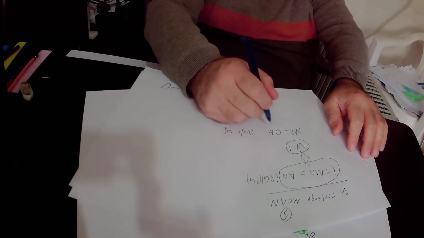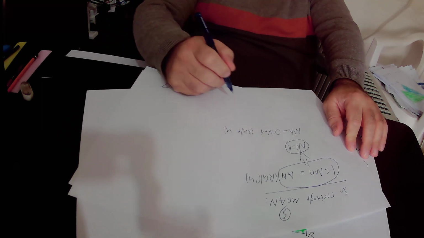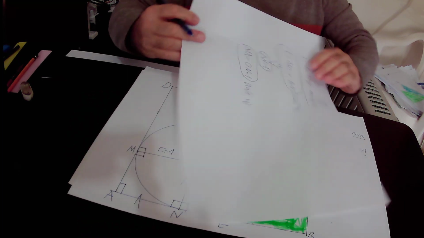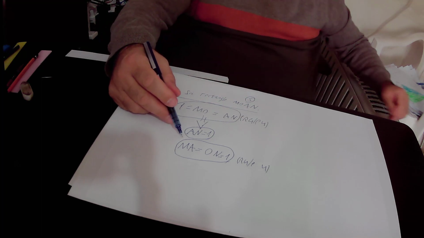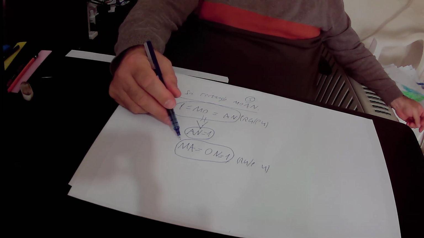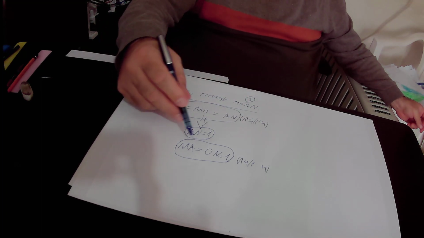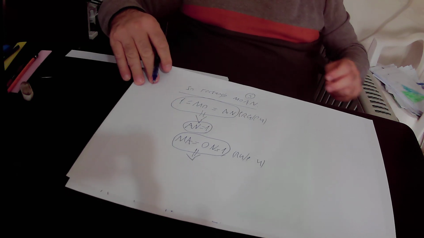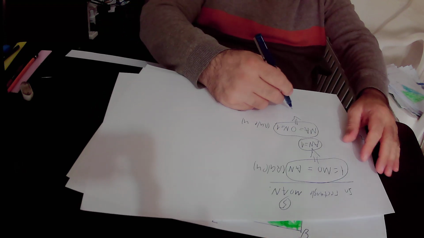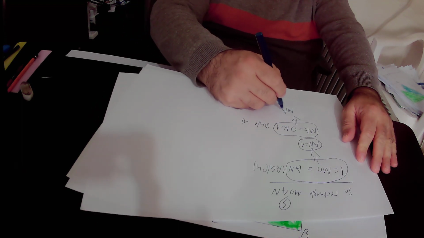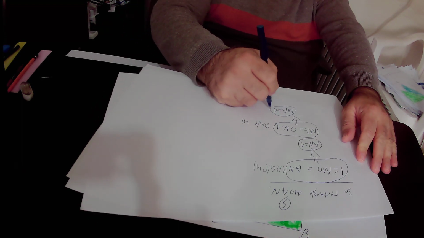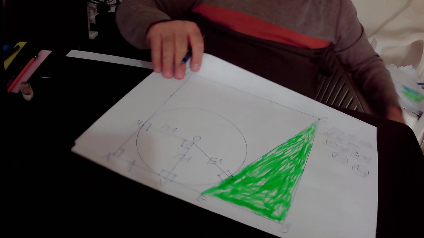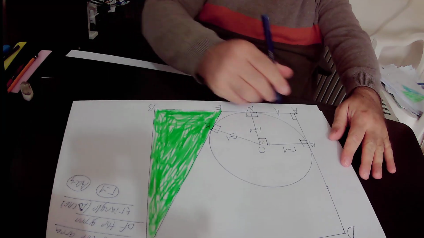So we can write here that ON equals 1 unit. And from this equality, we will conclude that MA also equals 1 unit. So we can write here that MA equals 1 unit.